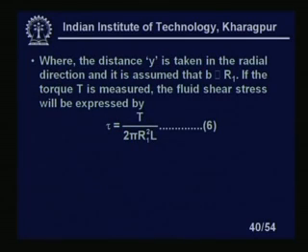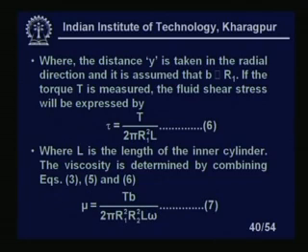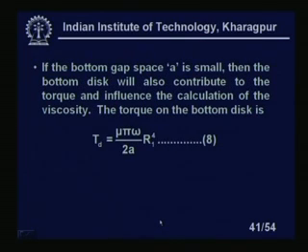So where L is the length of the inner cylinder and the viscosity is determined by combining equations 3, 5, 6: mu equal to T B upon 2 pi R1 square R2 L into omega. This is equation number 7, right.